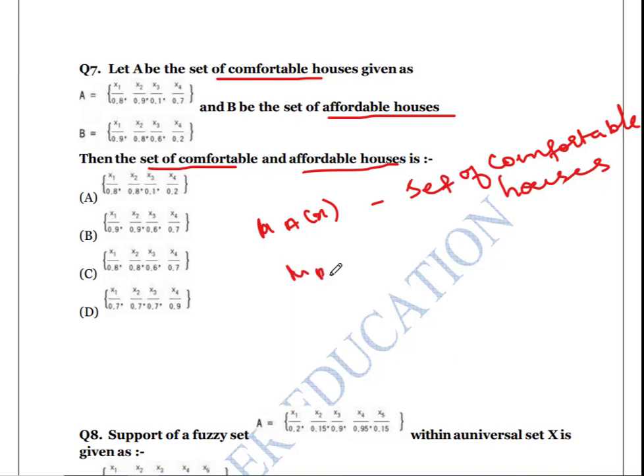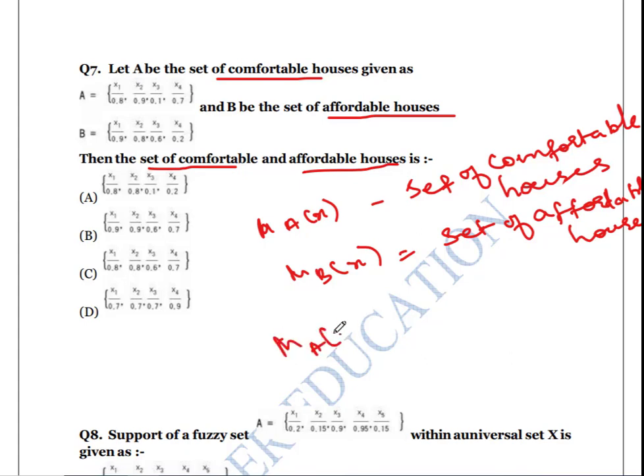And mu B of x will be considered as the set of affordable houses, so we are able to buy that house. So what the question asks is the set of comfortable and affordable houses, that is mu of A of x and mu of B of x.